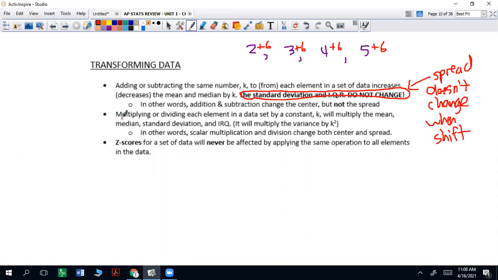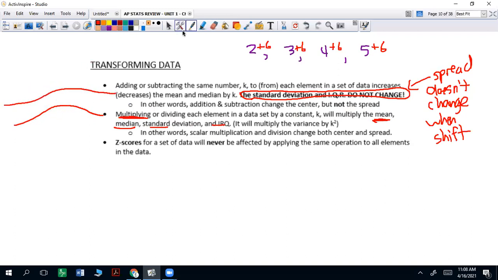Multiplying, that's a different story, because multiplying is going to either decrease or increase the spread. It'll take each element and increase the mean by that much. If you multiply it, it'll increase the median and the spread, because if every number is multiplied by a number greater than 1, it's going to be a larger spread.